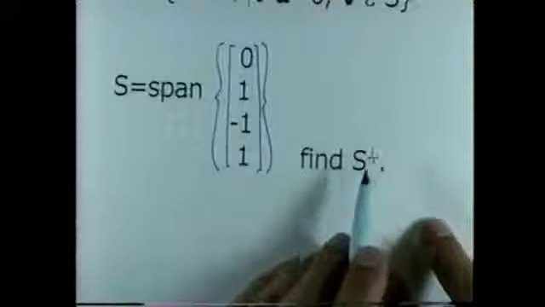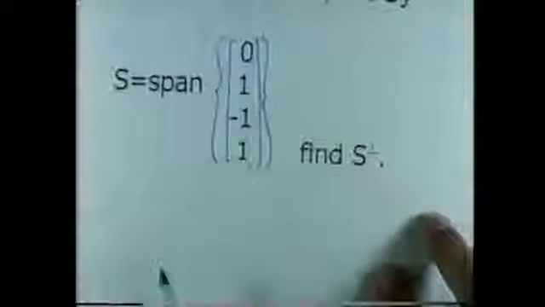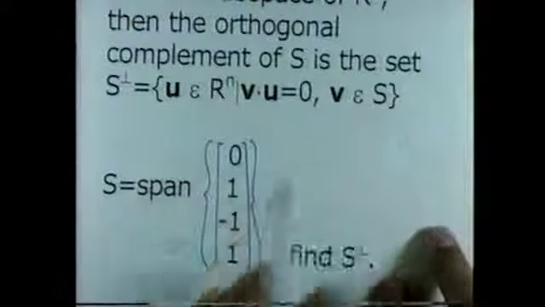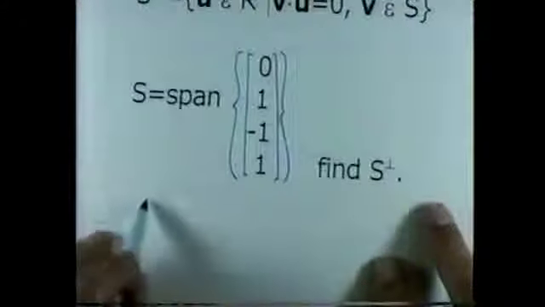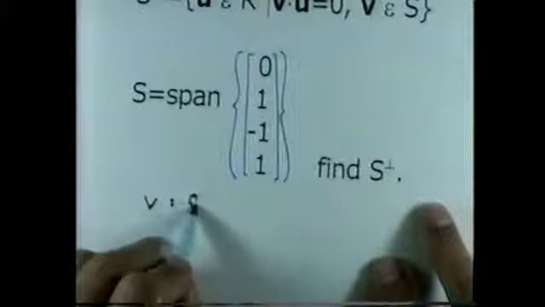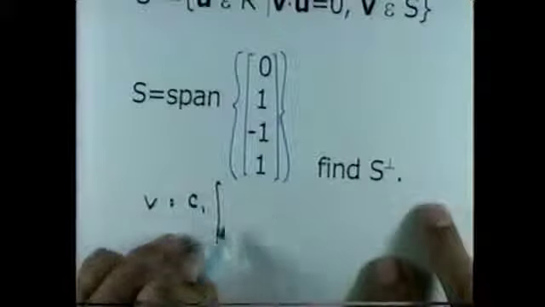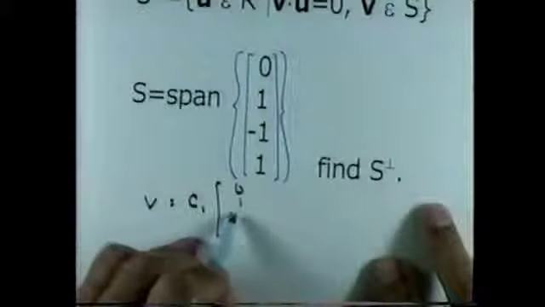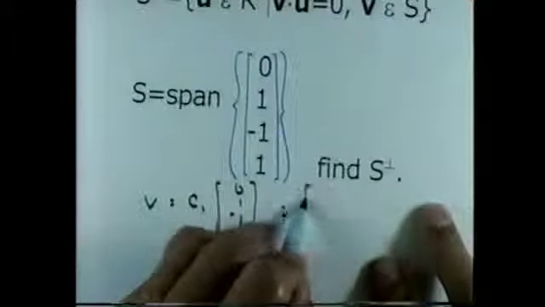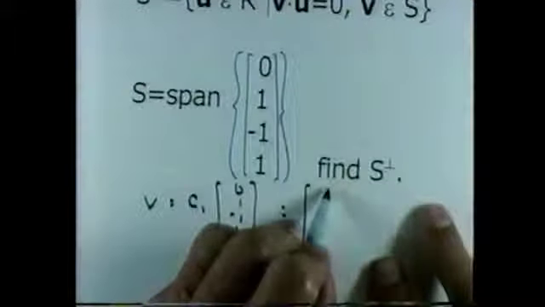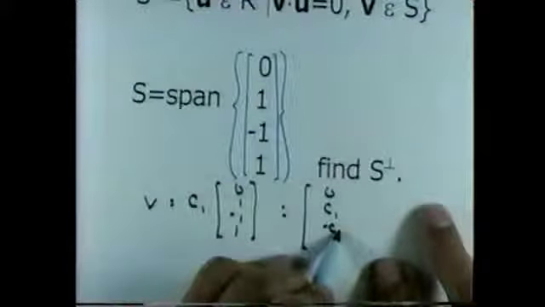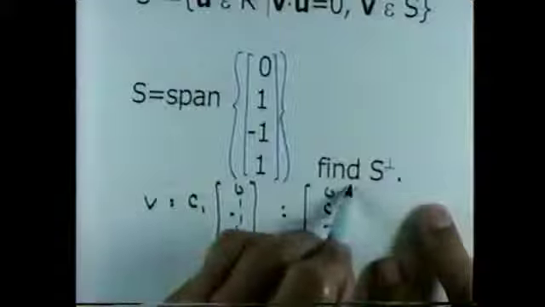Find the orthogonal complement of S. Well, now we want V to be from S. So V, if I let V be any vector, is going to be of the form C1 times the 0, 1, negative 1, 1 vector, which is going to be 0, C1, negative C1, C1.